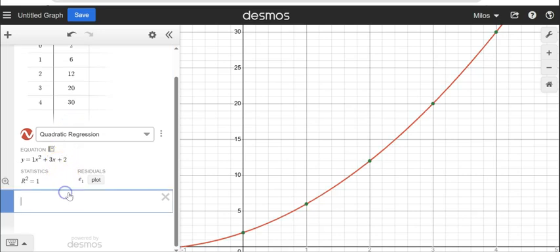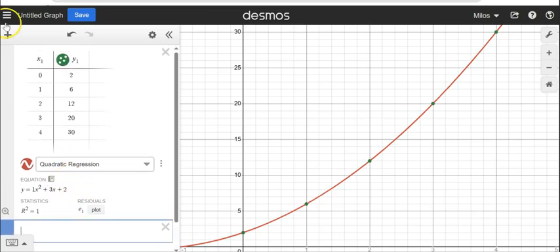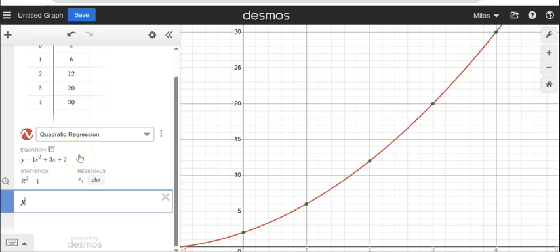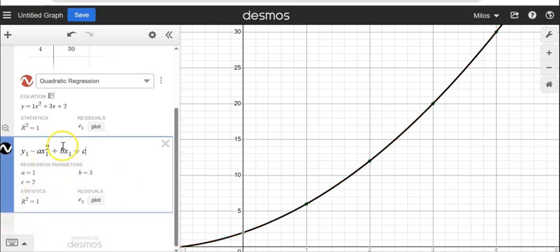If you're trying to do different regressions, remember you can, referencing the names of these columns, you can go y1, and then this little wiggle, tilde, ax squared plus bx, and actually these have to be x1s, because that's what the columns are called, and that will also give us the same results for a, b, and c.